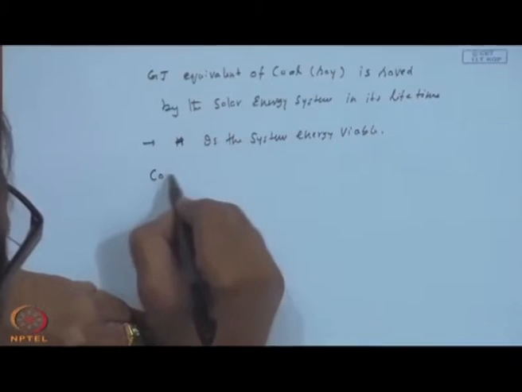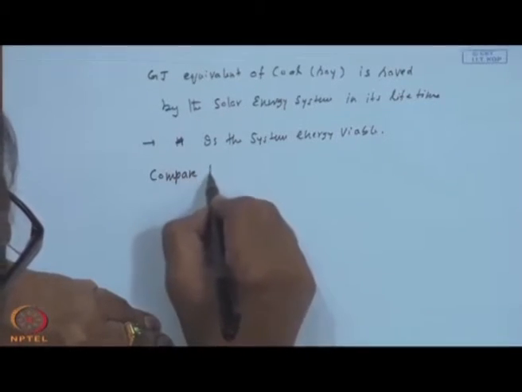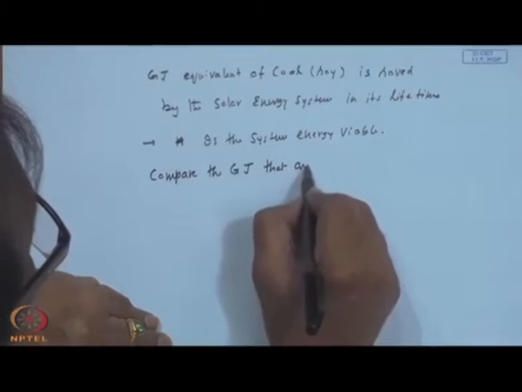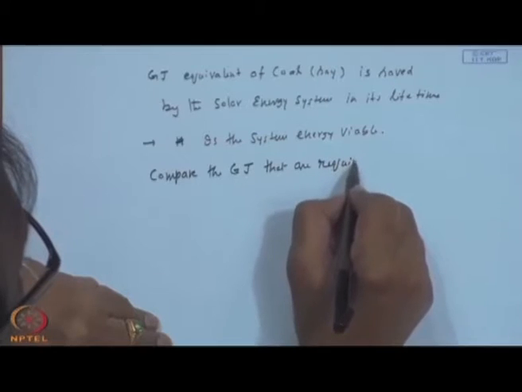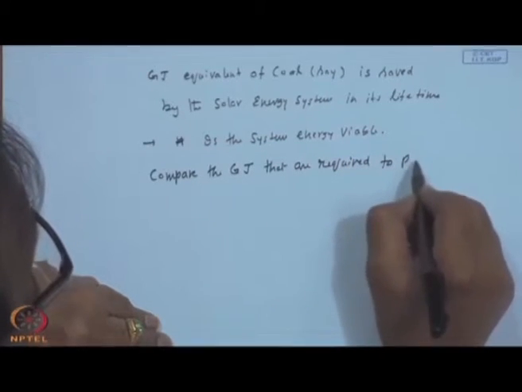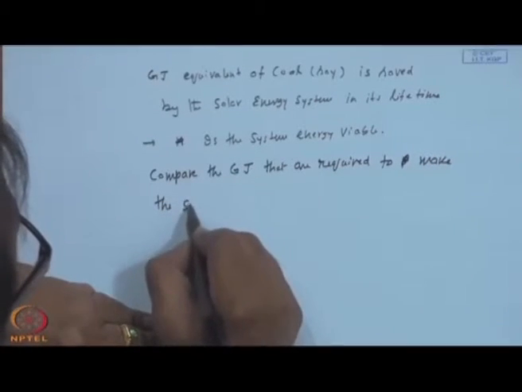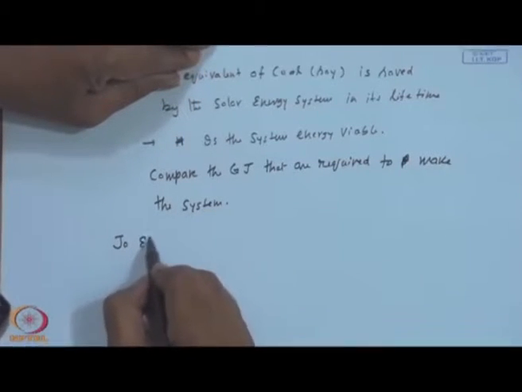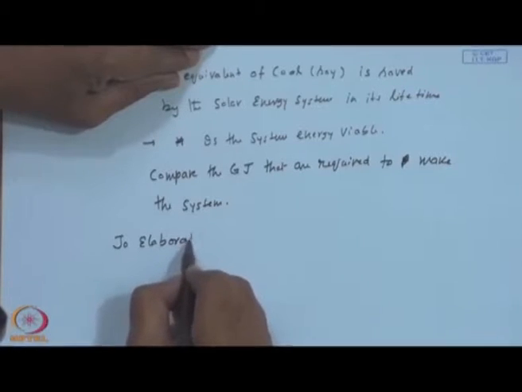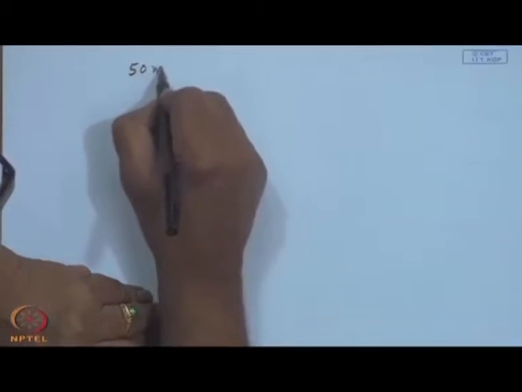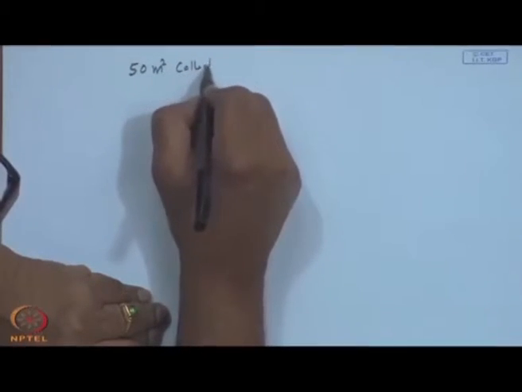In other words, compare the gigajoules that are required to produce the system, to make the system rather, to elaborate, in the examples we considered, 50 meter square of collector area.